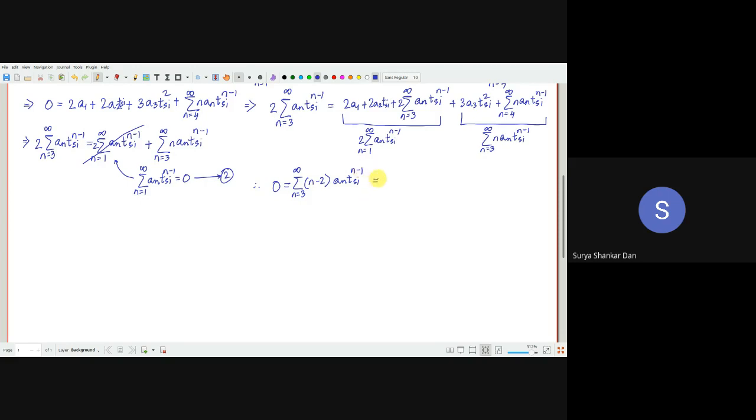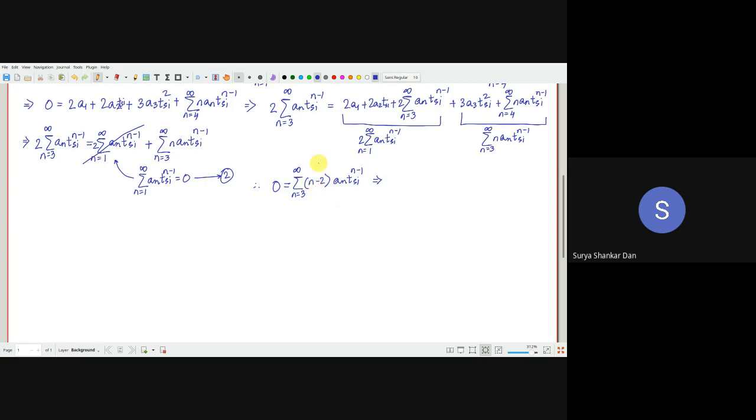What does it imply finally? It implies that, notice, for n equal to 3 to infinity, n minus 2 is never equal to 0. Correct? Because n is always greater than or equal to 3. So what is the value of n? Either 3 or more. So n minus 2 is always going to be 1 or more. Correct?